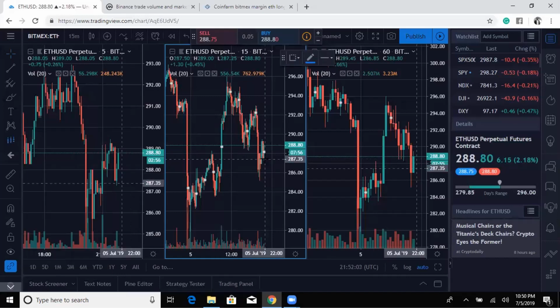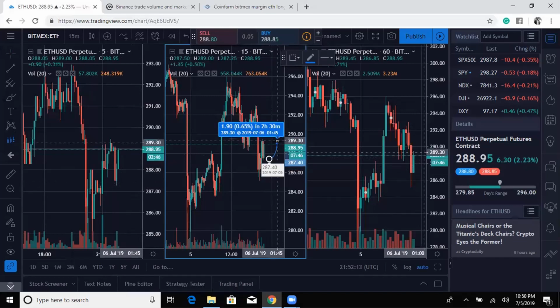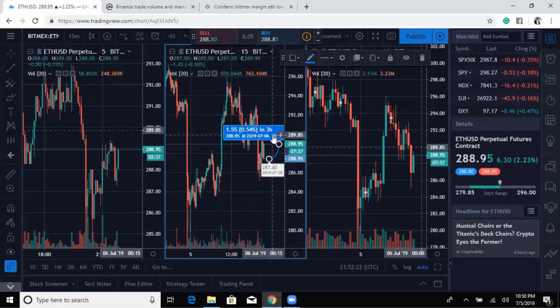So if you took a position here at 287.35 or anywhere really, and then it goes up to this point where it is right now, you'd have made 0.54%. And remember, it's times 50 that you're trading with.